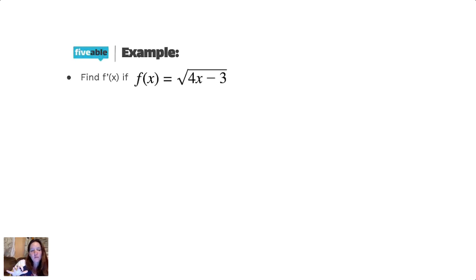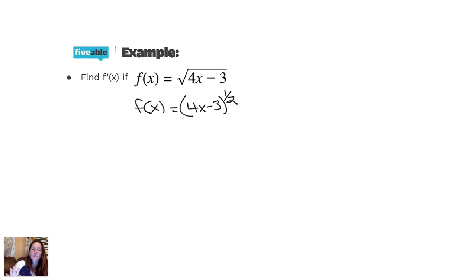We don't really know how to take a square root function derivative either, but we do know how to do a power function, and roots and powers are the same thing. So I'm just going to change this to 4x minus 3 to the 1/2 power, because then I'm going to know how to take the derivative. I know how to take the derivative of something to the 1/2 power.